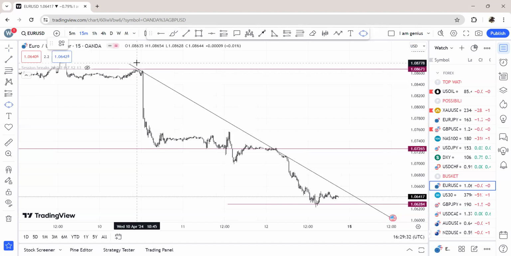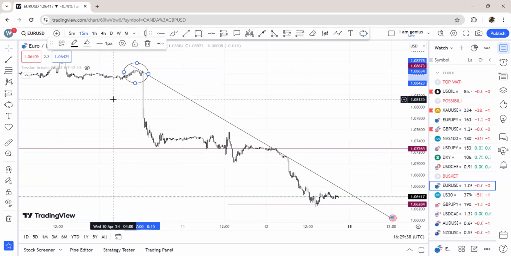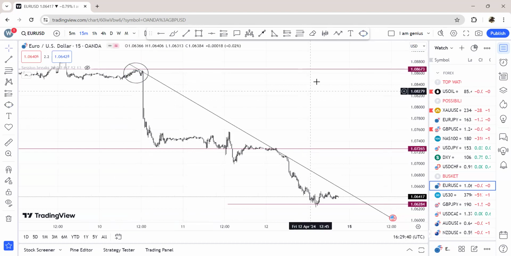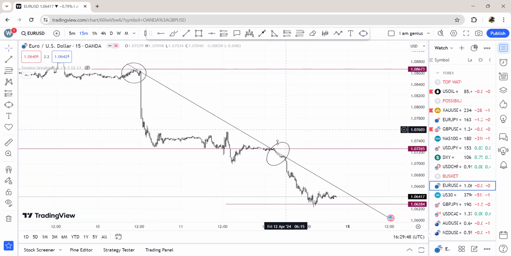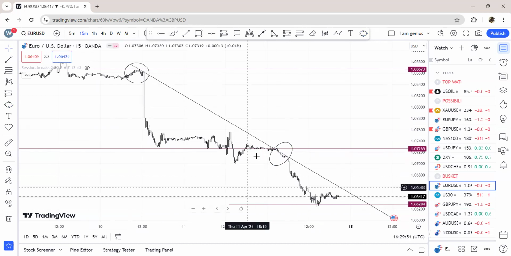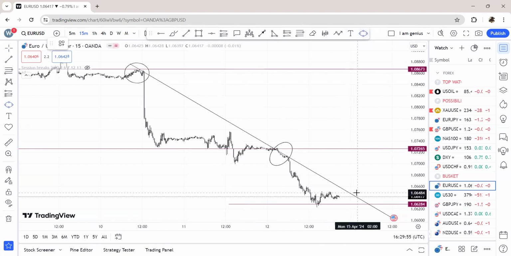We are at this point where the market turned from. We also have another point right here where the market turned from. So now we're going to look for a third point somewhere right around that level.